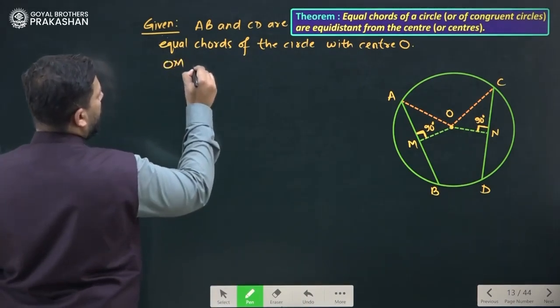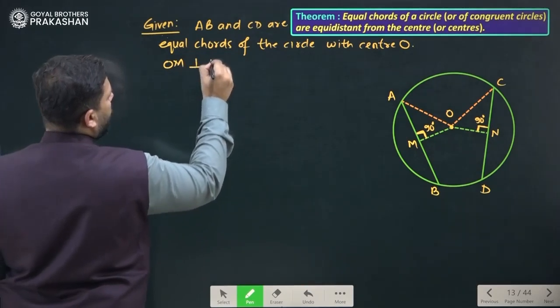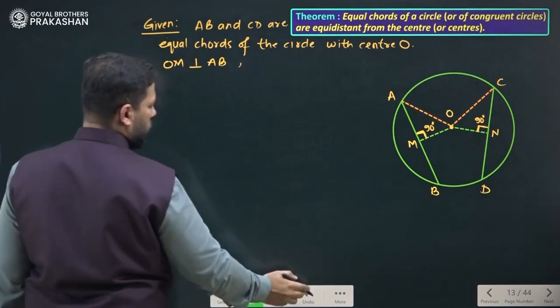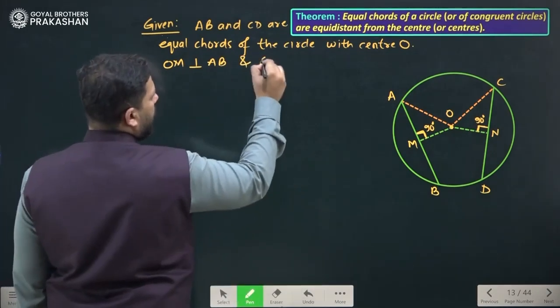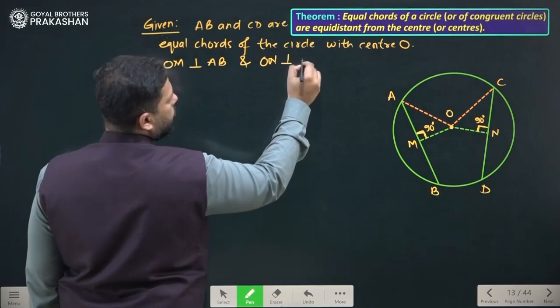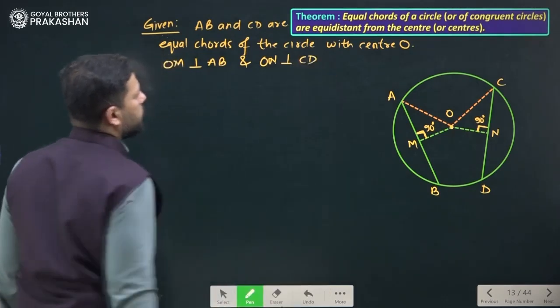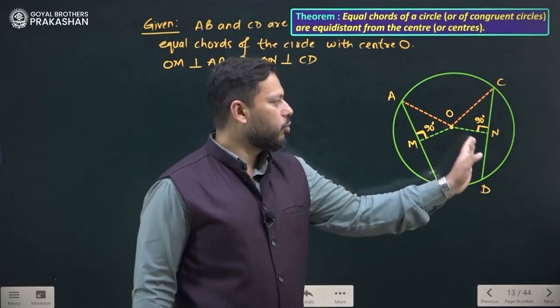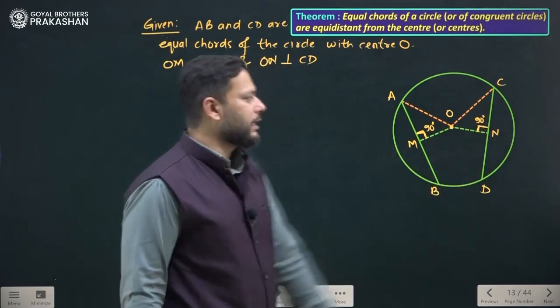OM is perpendicular to AB and ON is perpendicular to CD, right? This is what is given. OM is perpendicular to AB and ON is perpendicular to CD.